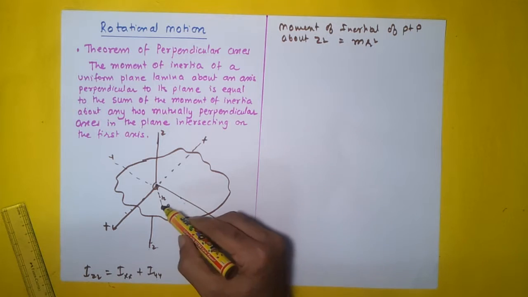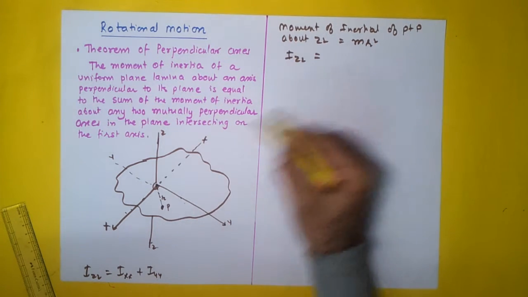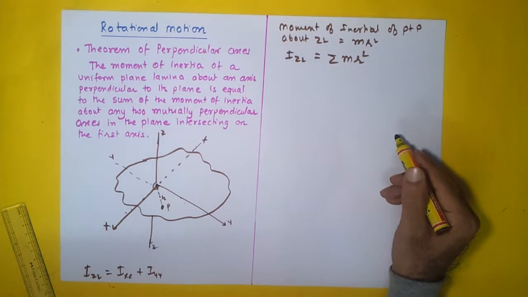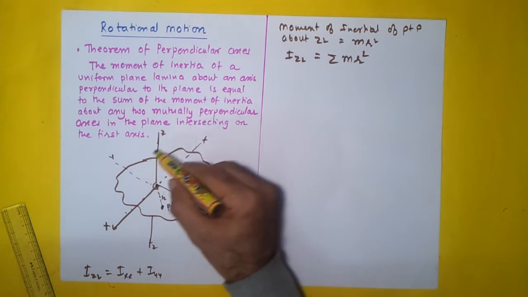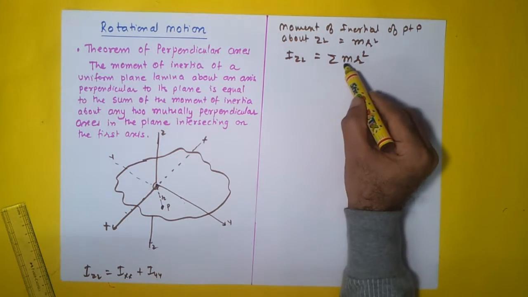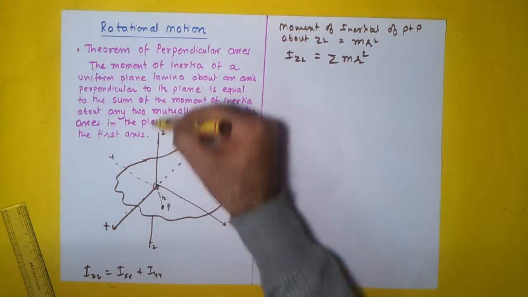Now similarly, IZZ for all the points would turn out to be sigma mr square. So the moment of inertia of this plane lamina about ZZ axis is sigma mr square, where m is the mass of each and every particle and r is the respective distance from the ZZ axis.